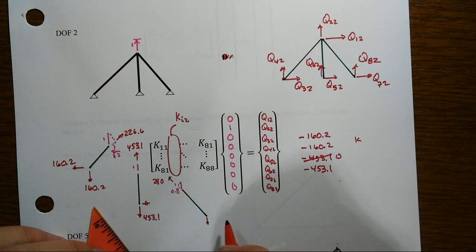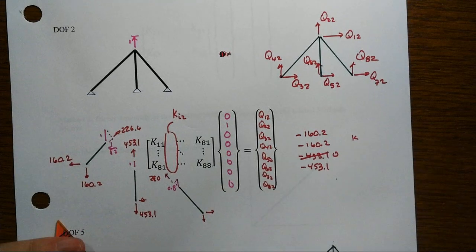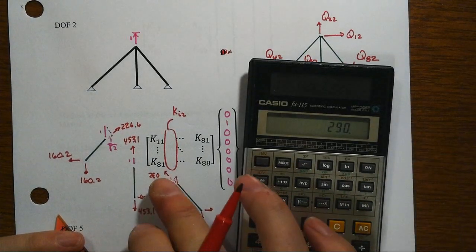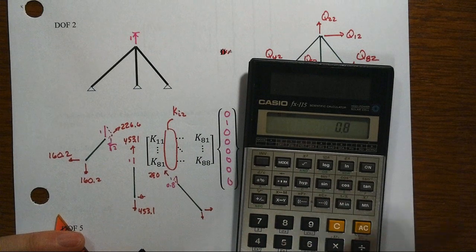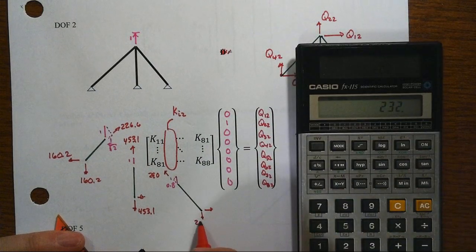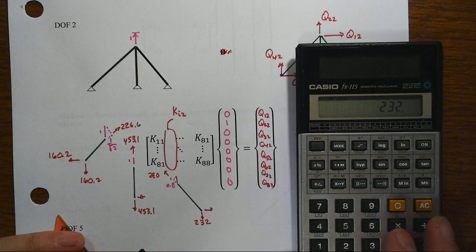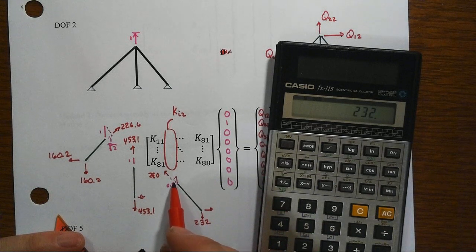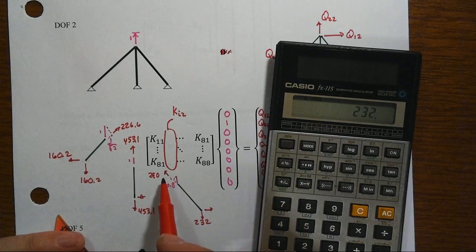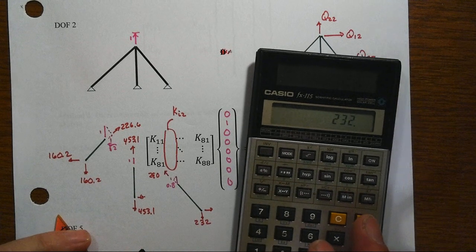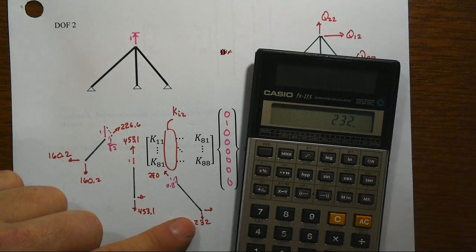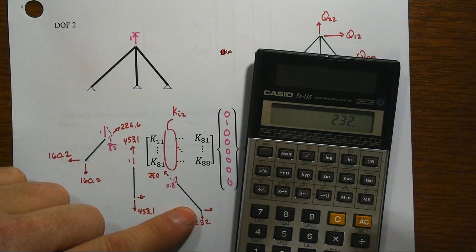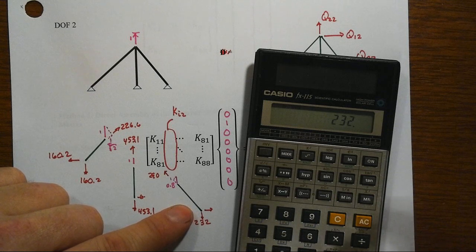So the components that we're going to end up with down at the bottom will be 290 times 0.8, that's the vertical component, that's 232. Note how that 0.8 got in there twice, both at getting the displacement over here, finding the axial force, and then translating the axial force back into the global xy coordinates. That 0.8 got in there twice. That'll be really important when we look at the direct stiffness method.